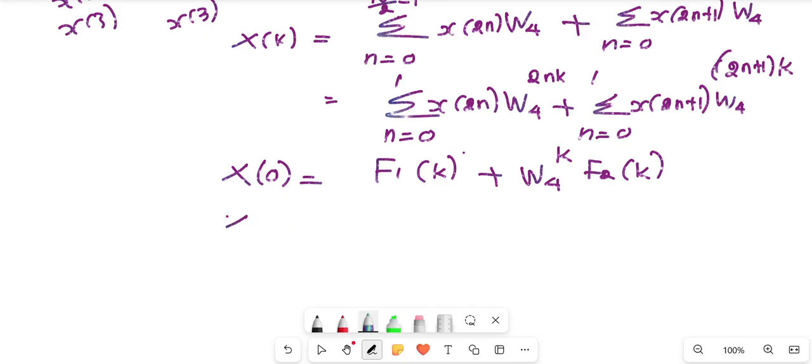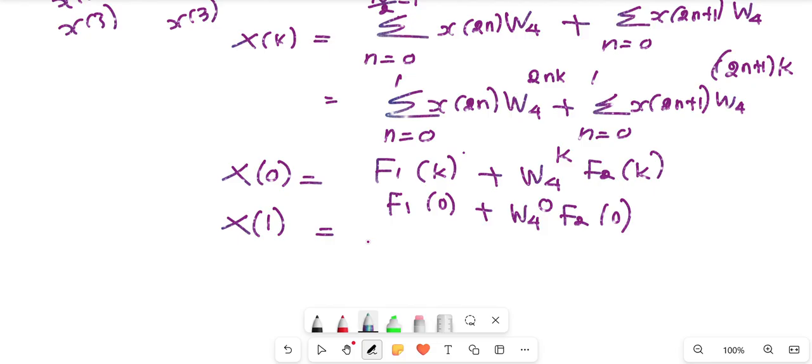X of 1 will be F1 of 0 plus W_4^0 into F2 of 0. In k, if it is 1, then F1 of 1 plus W_4^1, the twiddle factor, F2 of 1.